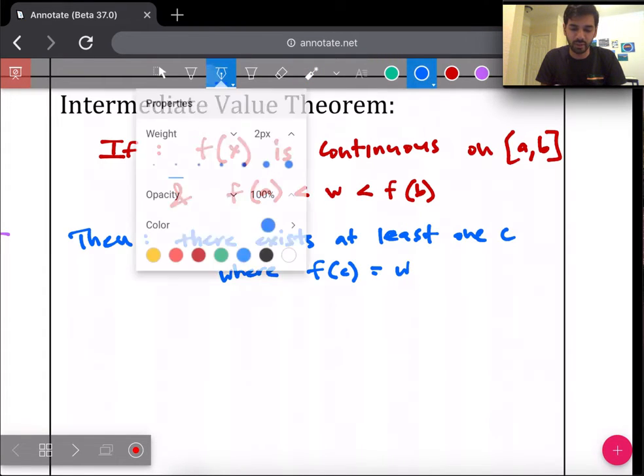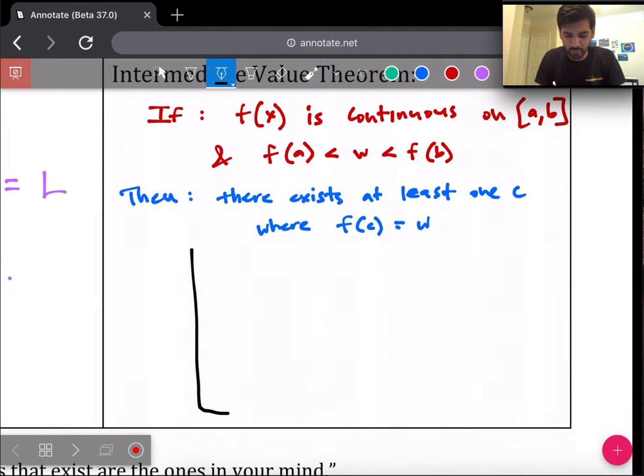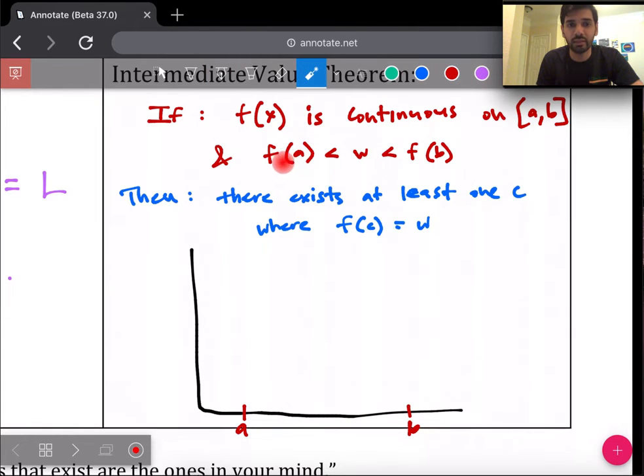So what this looks like is, I'm going to illustrate it down here using a picture. So we have this graph right here, and I'm going to draw the if statement. In the if statement, we have an interval a to b. So I'm going to draw a here and b here. F of x is continuous, so I have some function, and we also have that f of a is less than w is less than f of b.